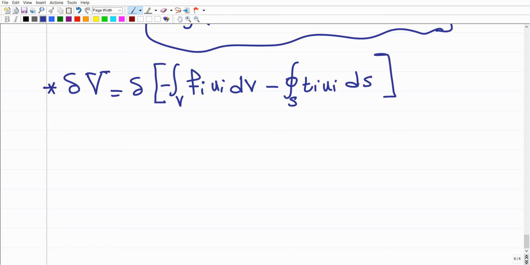Why? Because the body forces or even the surface tractions are external fields, and in many cases they are not dependent on the displacement of the continuum. They are constant, unless we have some special types of elastic continua where the body forces depend on the displacements. In that case, there would be a first variation for the body force or even the surface traction.